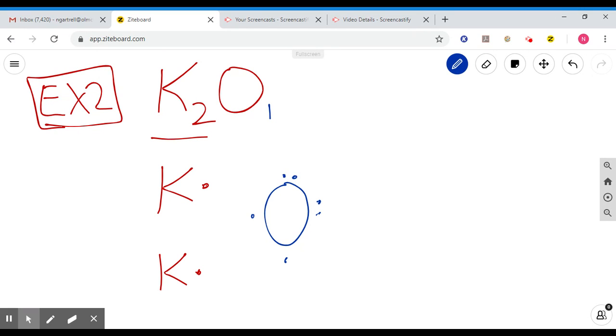All right. Now, what happens is we still do step 2, and we still show the transfer. So I'm going to show potassium transferring 1 here, and I'm going to show potassium transferring 1 there. A lot of these problems are kind of just like putting a puzzle together.